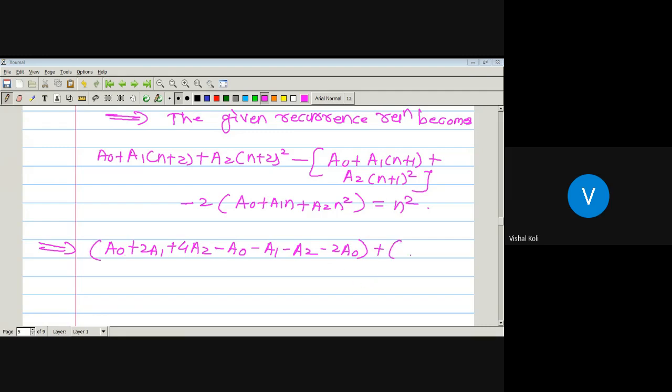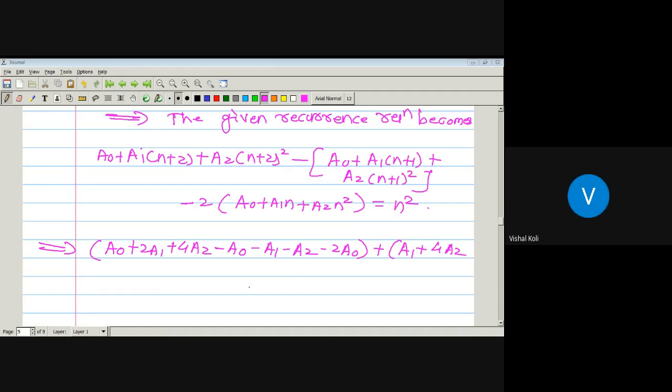Now tell me the coefficient of n. From here we will get a1. Second one, n square plus 4n plus 4. So what should be the coefficient of n? 2a2 into 2, which is 4a2.